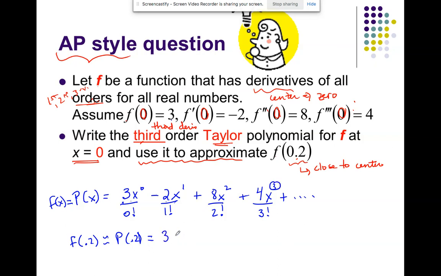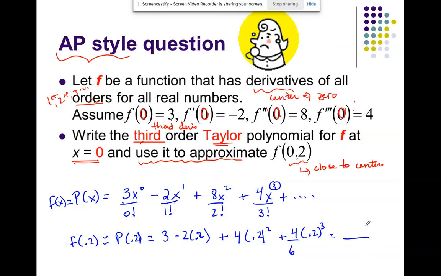So 3 minus 2 times 0.2 plus 8 divided by 2 factorial is 8 divided by 2, which is 4. Squared. I'm not going to bother to reduce that. I could even just write 3 factorial. And then whatever that number is.